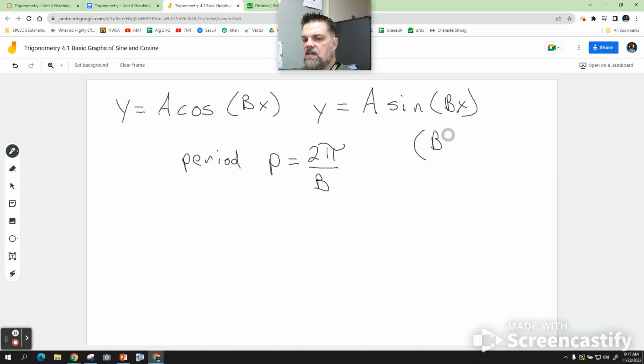If b is greater than 1, it's compressed horizontally.